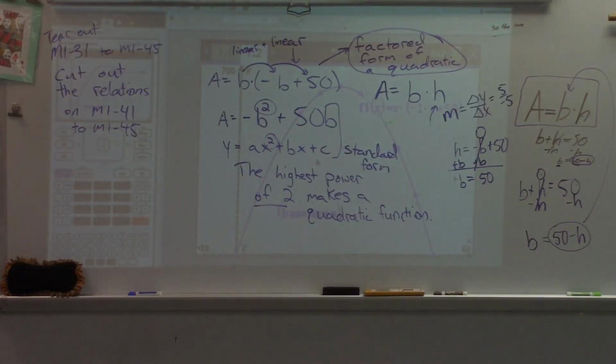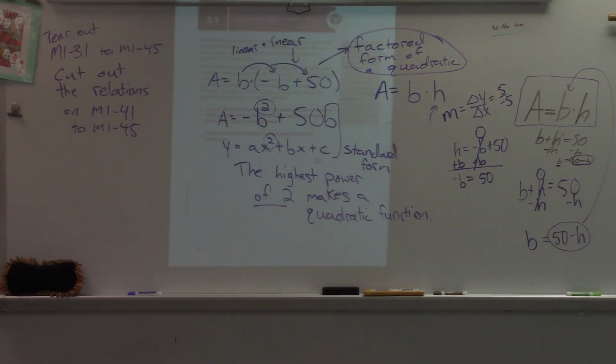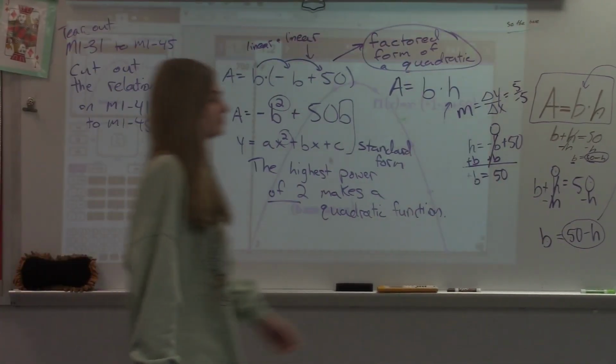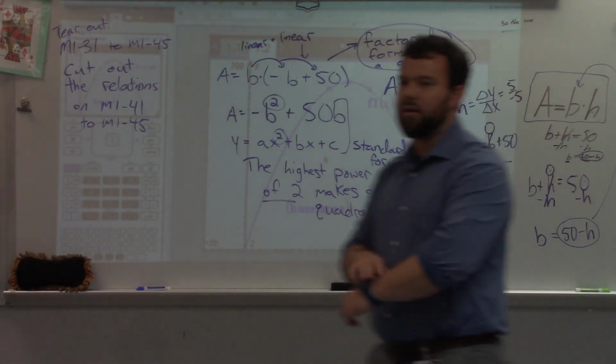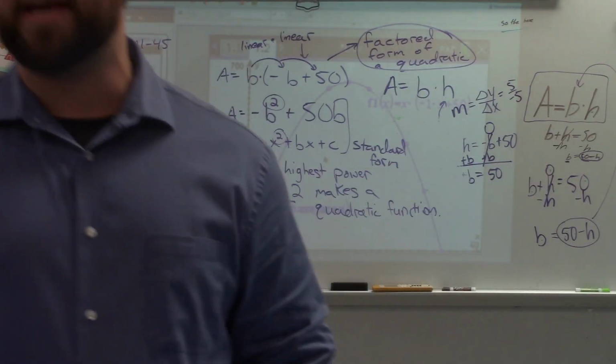So tear those pages out. After you tear those pages out, then cut out the relations on the pages I have identified. Don't mess with this camera. So, get what notes you need about quadratic equations, but then you need to quickly tear those pages out and cut those relations out.